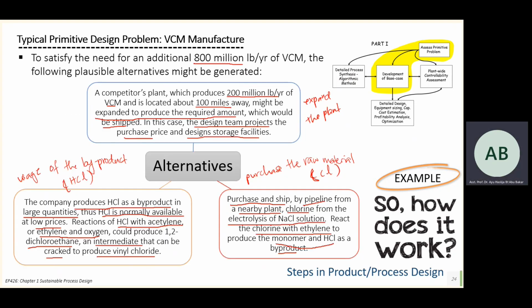Okay, so understand the alternatives. This is the first part only, to design a process plan for your product. Now this is to find the alternatives to produce a larger amount of product. The same concept is used in determining your process, what type of process you require.